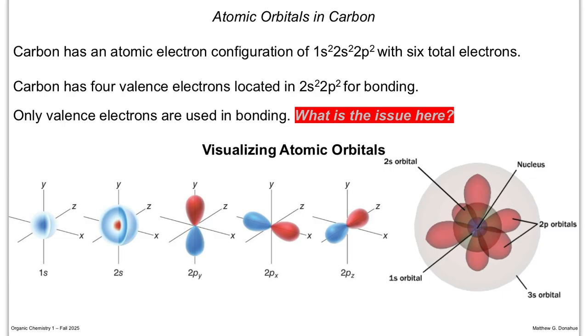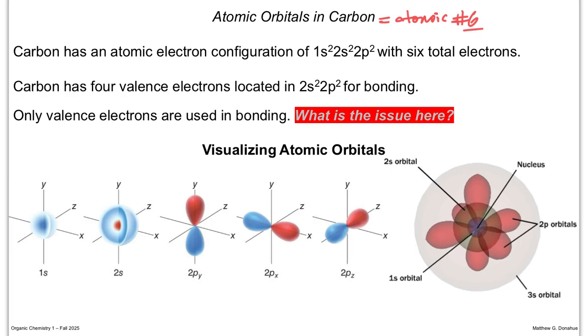We reviewed all this stuff, and you can accept it as fact, and maybe it's simple, but we want to think a little deeper about what it's telling us and why it kind of fails. We said carbon was atomic number 6, and that was the number of electrons we have to work with.